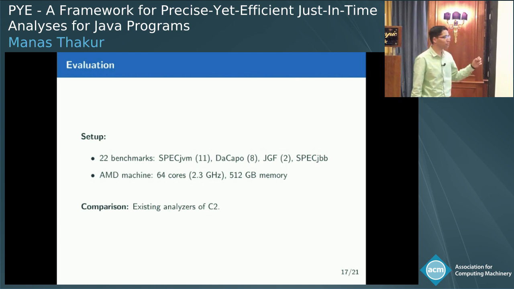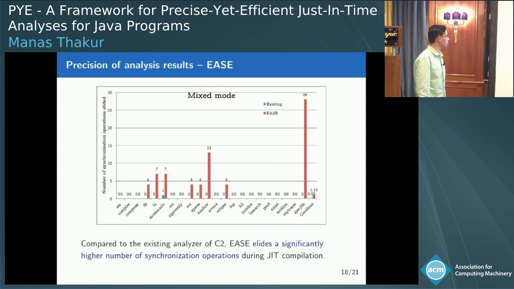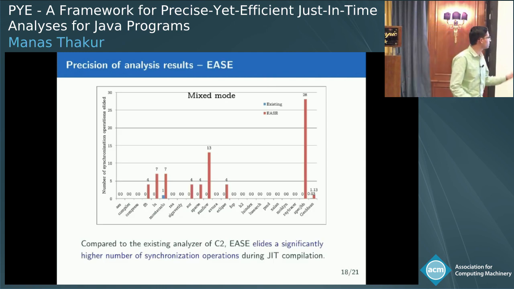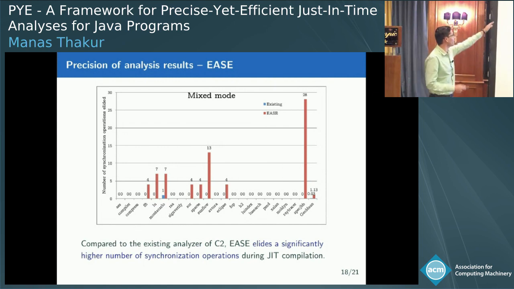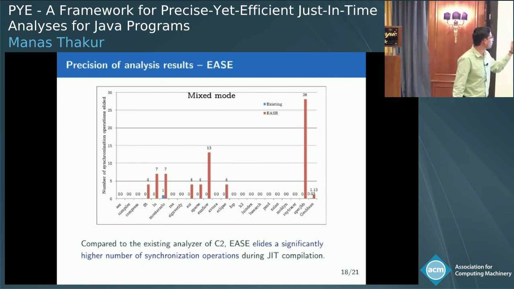And in the next few slides, we compare the precision and the efficiency with the existing analyzers of C2. These are just representative results for the first analysis. On the y-axis, we have the number of synchronization operations which were elided. As you can see, the blue bar is the existing escape analyzer of C2.